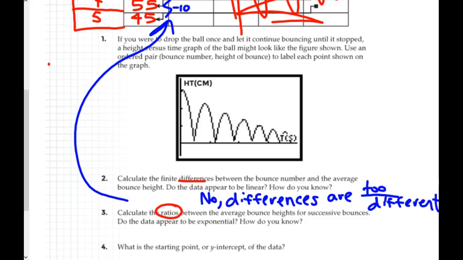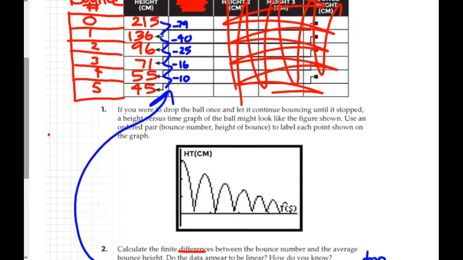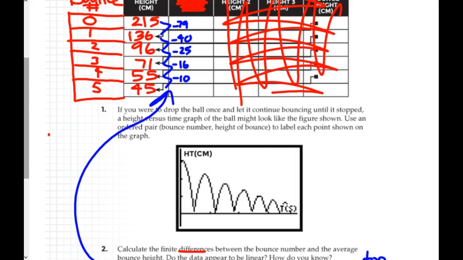Now, next one, we're going to do the common ratios. Let's do that in purple here. When we do ratios, you're dividing this time. So I'm going to divide 136 by 215.